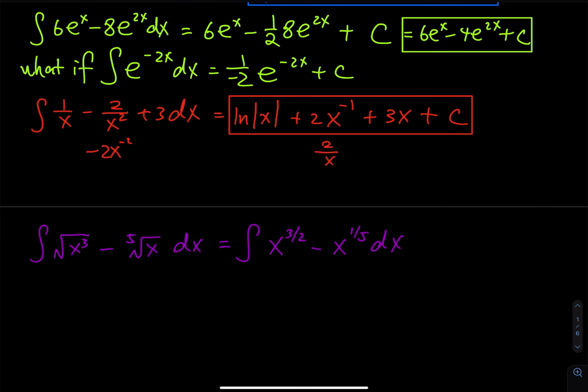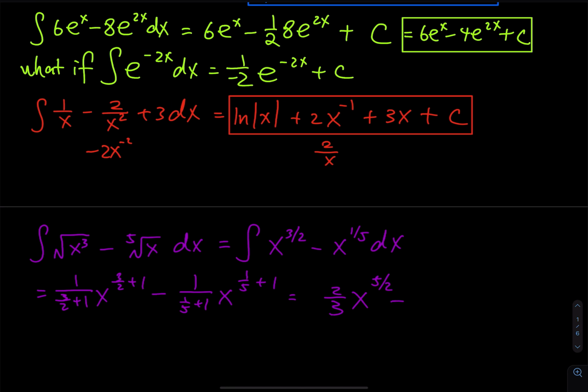And then integrate, so we have 3 over 2 plus 1, 1 divided by that, and then minus x to the 1/5 plus 1, 1 divided by that, and then what do we get? We have x to the 5 over 2, reciprocal, minus x to the 6 over 5, reciprocal, and then you add c at the end.